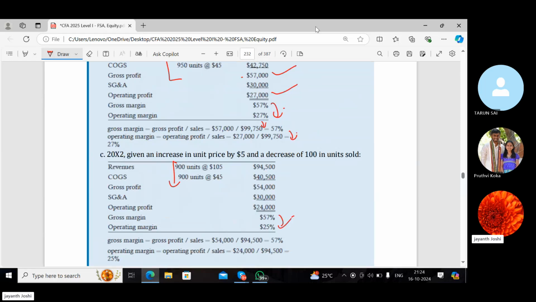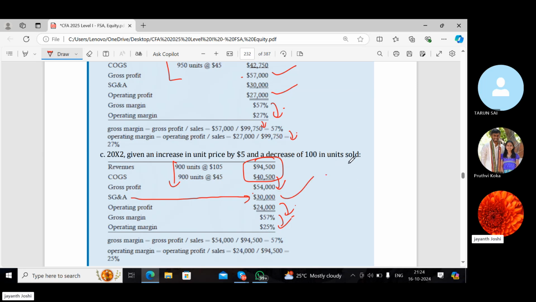But the decrease in the operating margin is more when compared to gross margin. Why? Because gross margin depends upon the variable aspect, but when this decreases, operating profit decreases furthermore. Why is it like that? Because we have to bear the brunt of the fixed cost. We are not able to take the advantage of fixed cost when the revenue decreases.